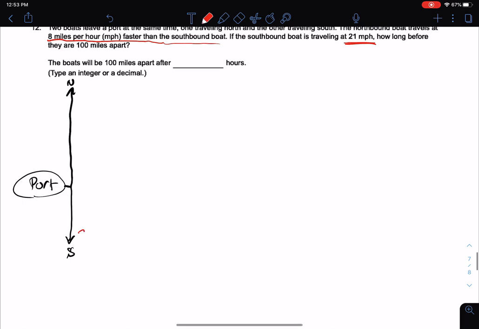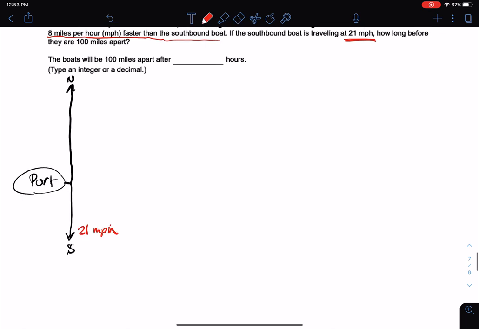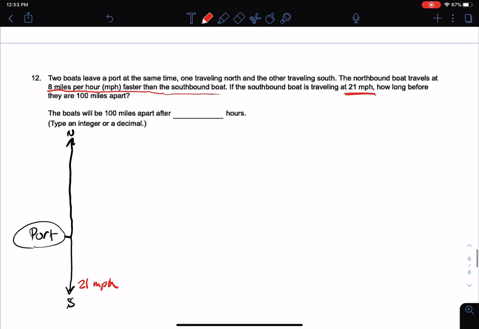So the southbound boat is 21 miles per hour. Last time we had used a variable here. And then they said the northbound was faster by 8, so 21 plus 8 is 29. 29 miles per hour, right? The southbound was 21, and they say that the northbound boat is 8 miles per hour faster than the southbound. Well, that's okay, so it's 21 plus 8 is 29. So we got that data.